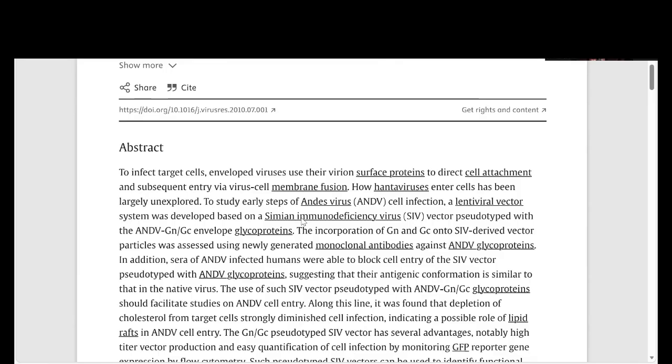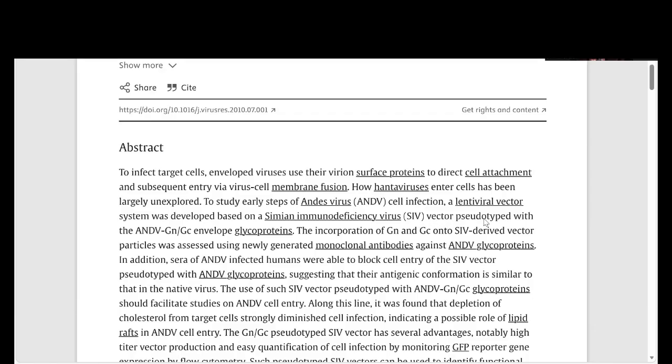All right. Now, this is the primate version of HIV, but they created what they call a vector pseudotype. So this has been modified in a way where it's not infectious and that it can be used for experimentation in the lab, typically in a BSL-1 or a BSL-3 lab.